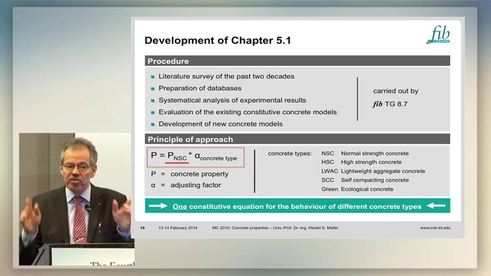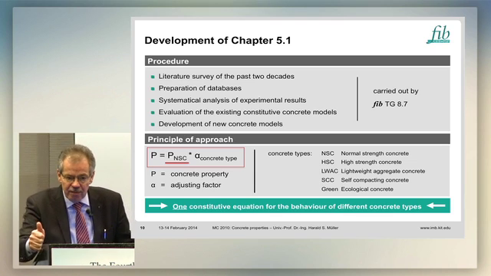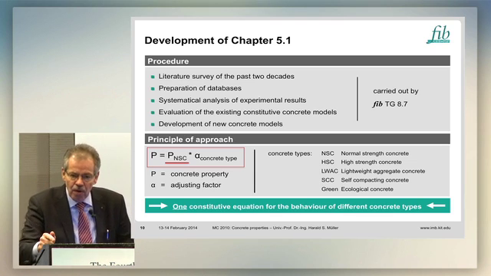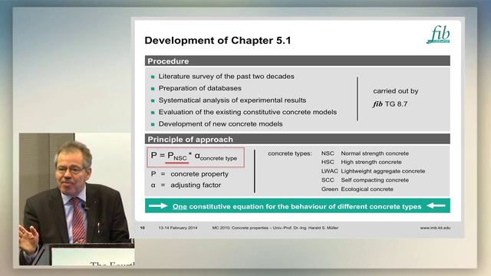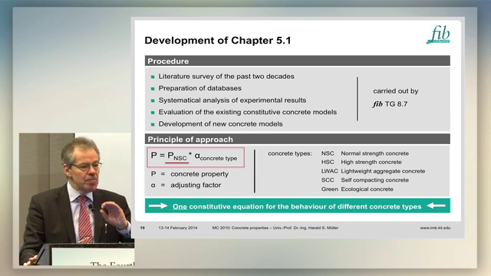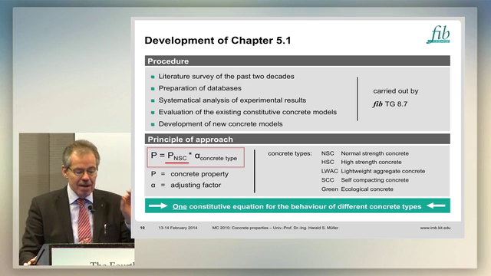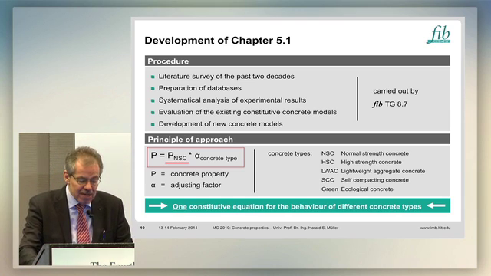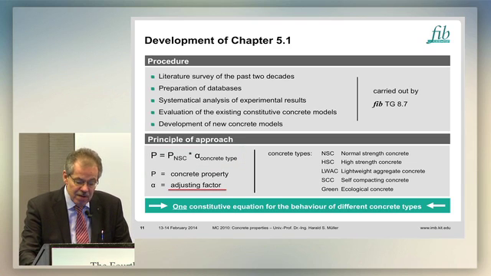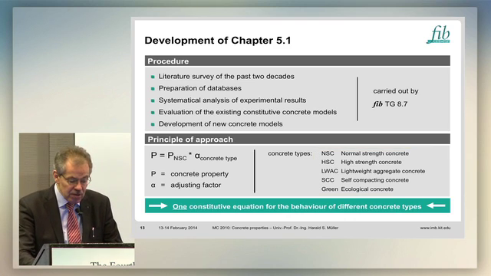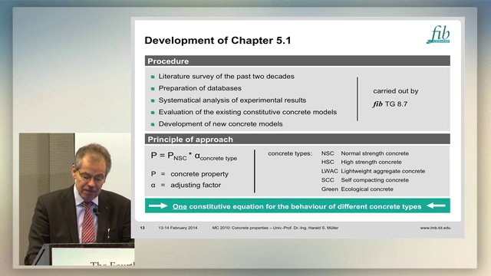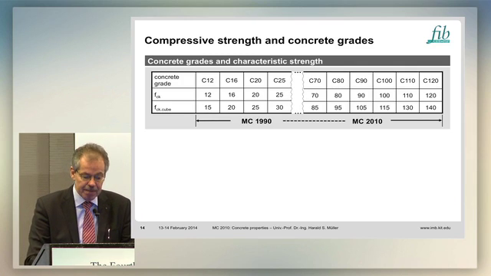If you look into literature, you find models for lightweight concrete, a different model for high-strength concrete, again a different model for normal strength, every type of concrete another model. And this we would like to avoid. Just one model, and insert coefficients, or adjusting factors, as I named them here, to deal with different time effects, with normal strength, high strength, lightweight, self-compacting concrete, and ecological concrete. One constitutive equation for the behavior of different types of concrete.